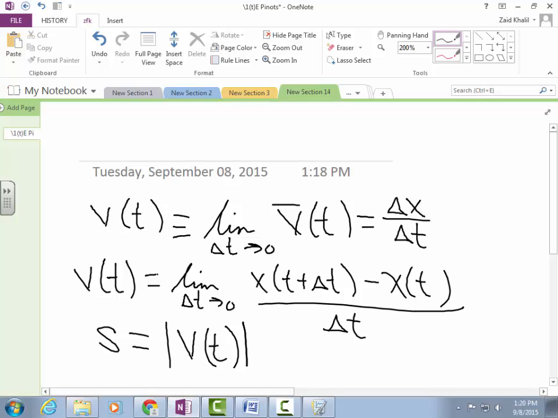Want to volunteer it? I heard someone say the right answer. Go ahead. In other words, there's no time for it to change directions. It's happening at a point. So the speed is simply going to be the absolute value of the instantaneous velocity, depending upon whether the instantaneous velocity is positive or negative.